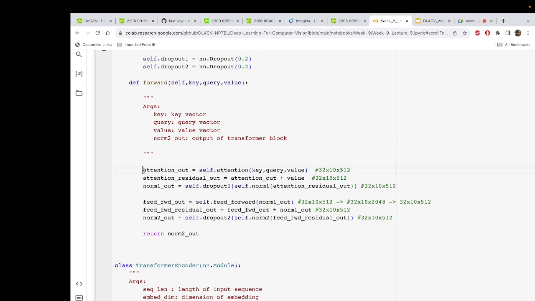So, you have this multi-head attention output here. You are then finding the residual output, so it is attention out plus the value. Then you are applying this layer norm on the attention residual out, and then a dropout is applied on that.